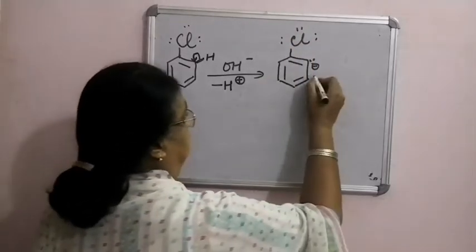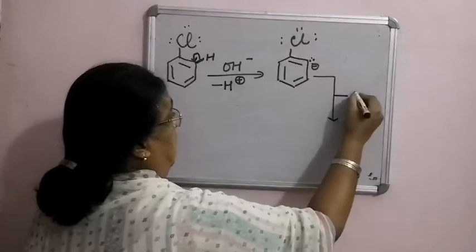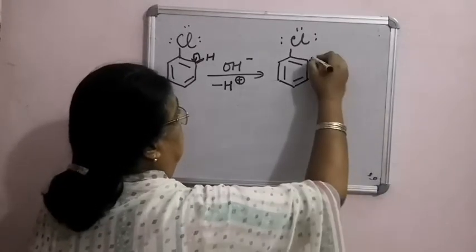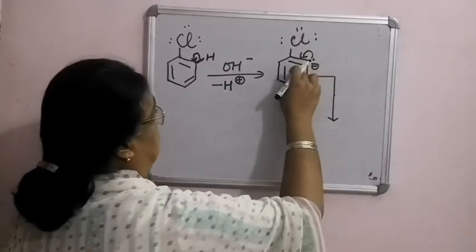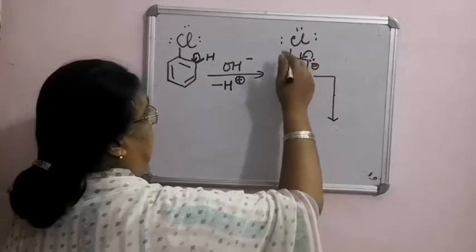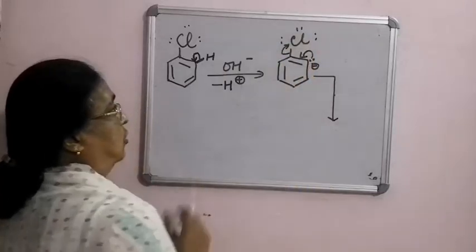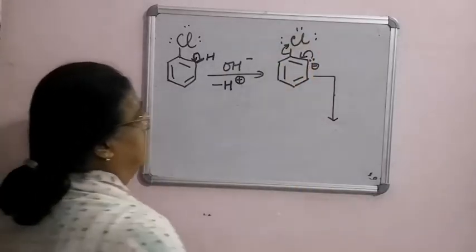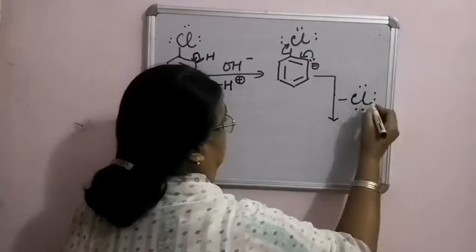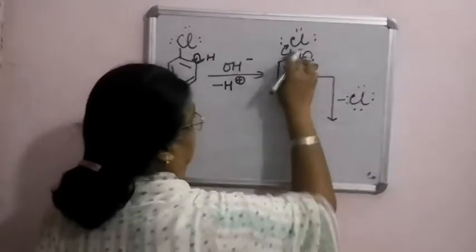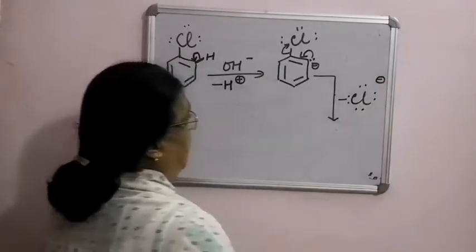Now, in this compound, because of the OH ion, this lone pair will be transferred here, and when the lone pair is transferred here, the electron crowding will be there, and so this chloro group, which is electronegative, will pull 1 electron and will be out as chloride with 3 lone pairs of its own. 1 lone pair from the carbon chlorine bond it will trap, and 1 chloride ion will be out.